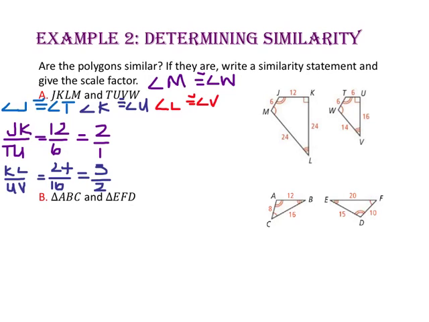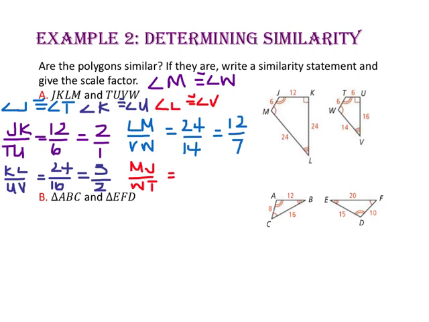Next, let's look at the ratio of side LM to side VW for a ratio of 24:14, which is 12:7 when simplified. And finally, we will write the ratio of side MJ to side WT, which is 6:6, or 1:1 when simplified. Since the ratios of the lengths of the sides are not proportional, the two polygons are not similar.